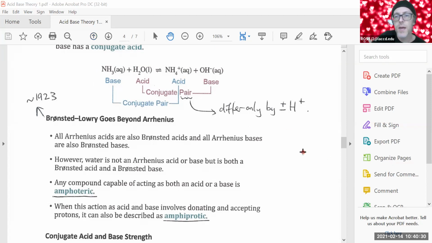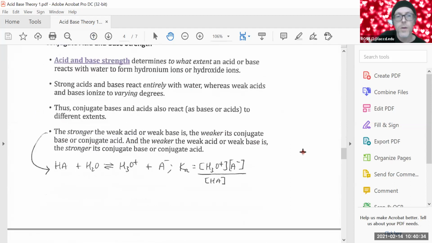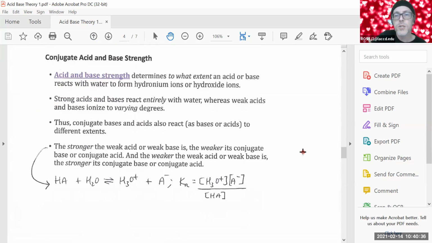Now, having said that, when we talk about strength, we're going to look at the K value. You have to remember what it relates to. It relates to the argument, which is on the left. If we look at a generic equation, I've got a generic expression, HA, which is a general acid, and water gives hydronium and conjugate base.